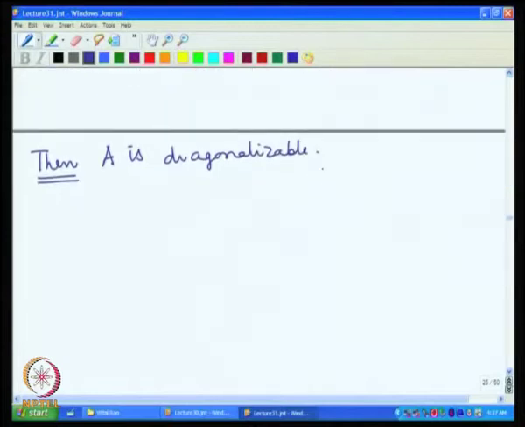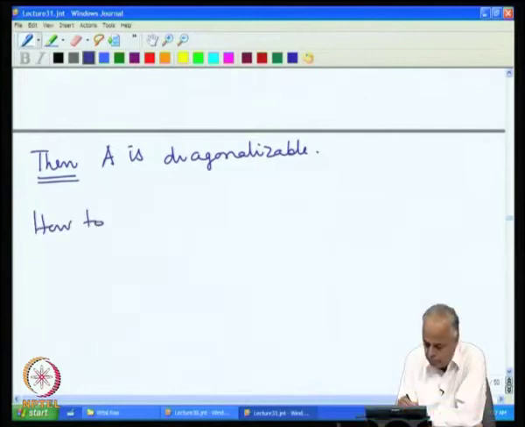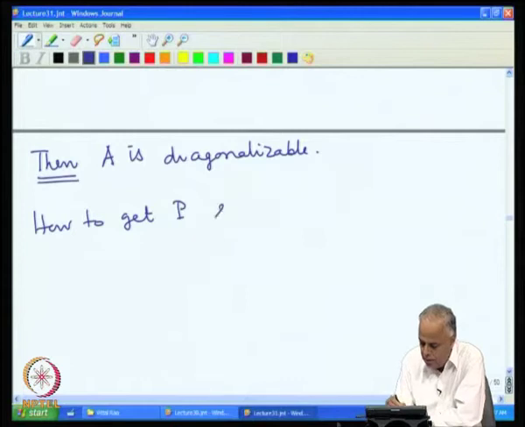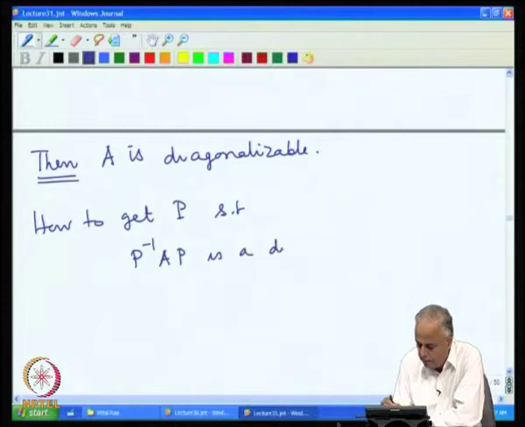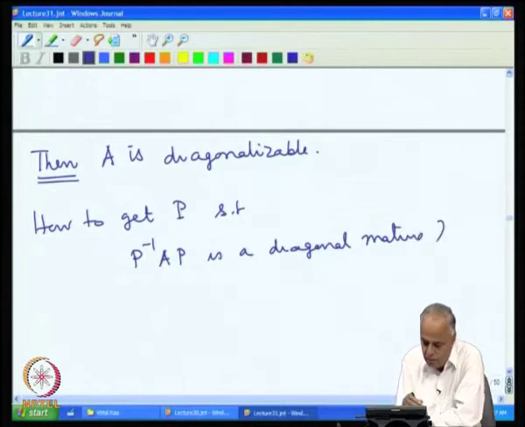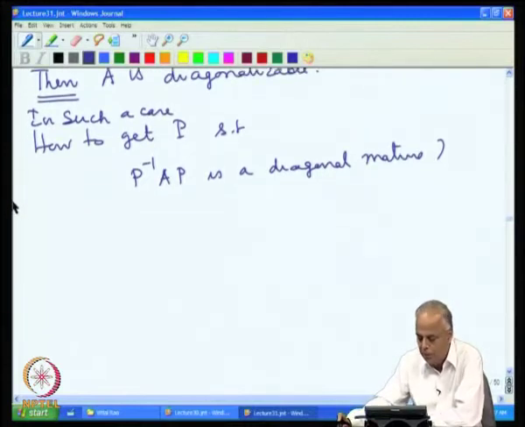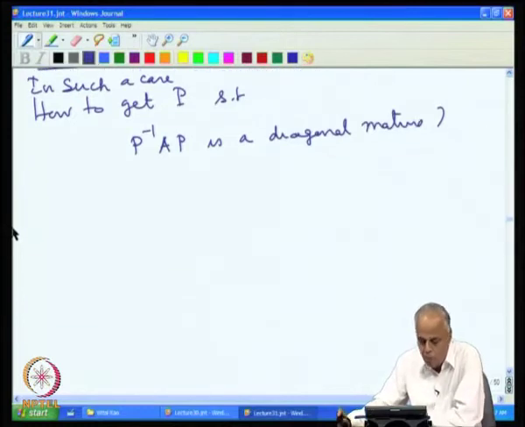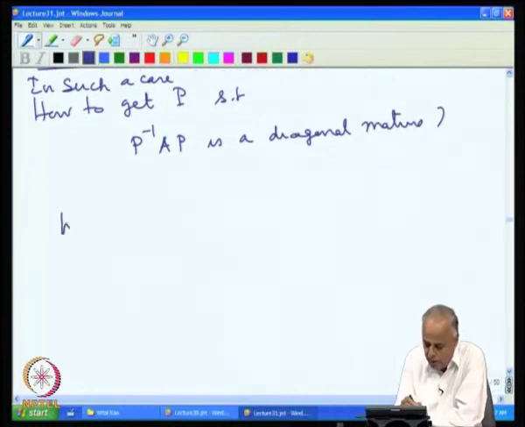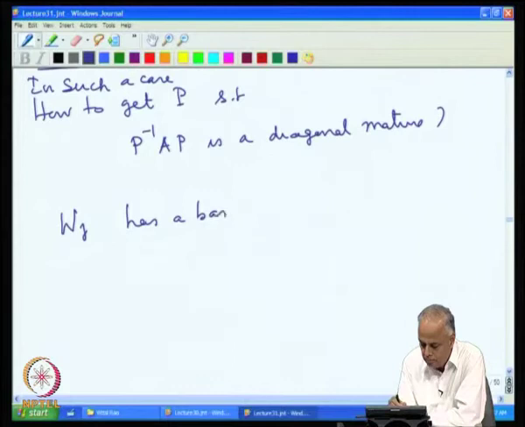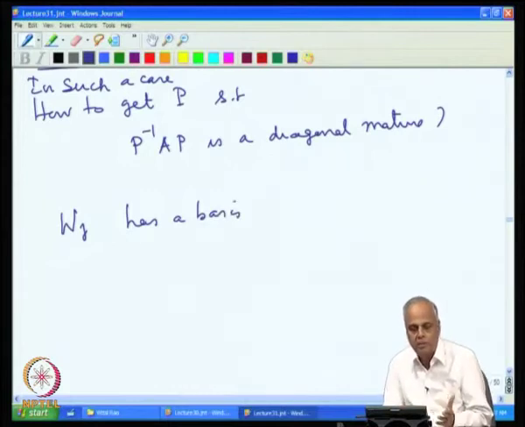So, how do we get P such that P inverse A P is a diagonal matrix? In such a case, how do we get the P matrix? What we do is the following: we look at W j, which has a basis, being a null space, a subspace.